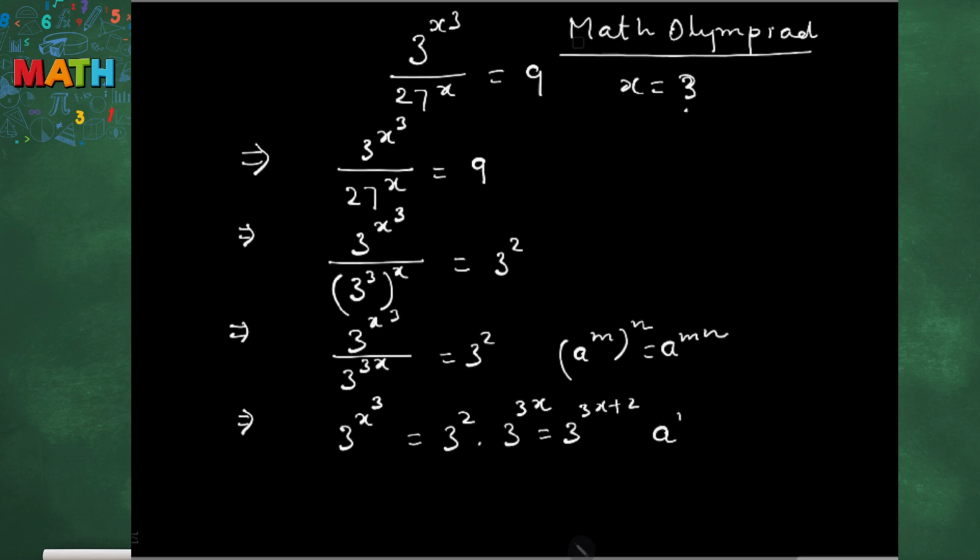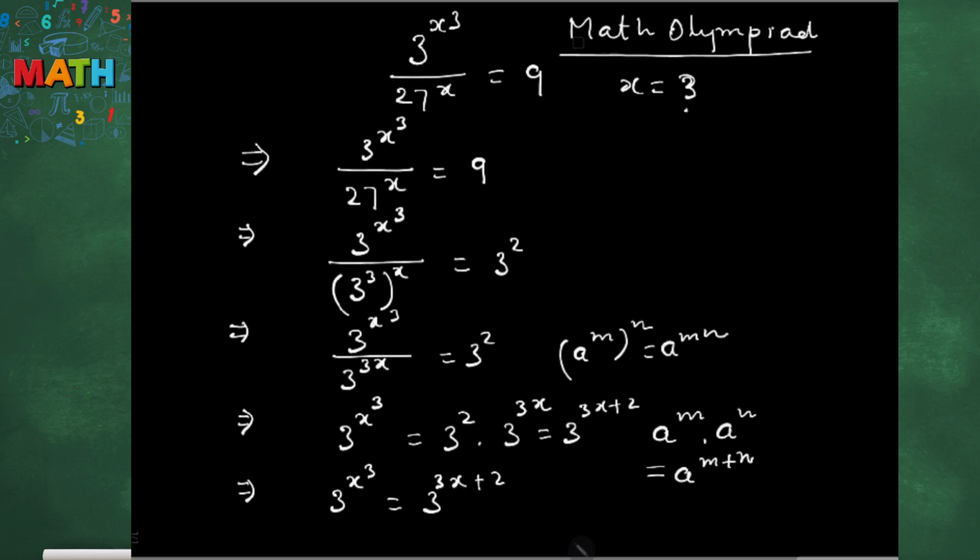We know that a to the power m and a to the power n is equal to a to the power m plus n. So this will become 3 to the power x cube is equal to 3 to the power 3x plus 2.